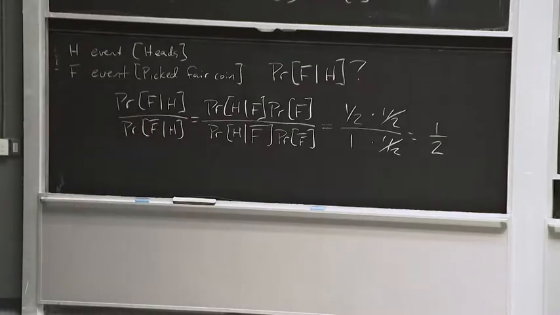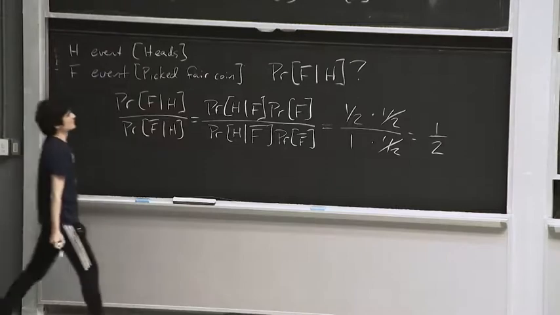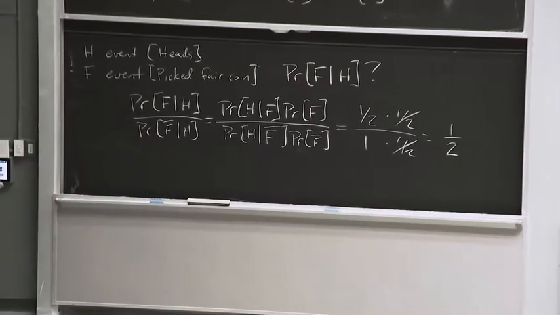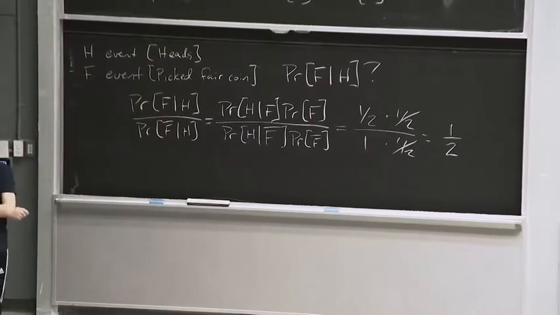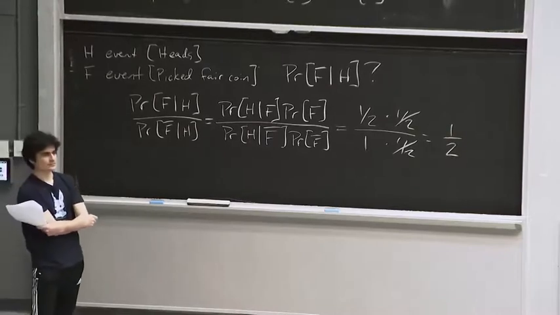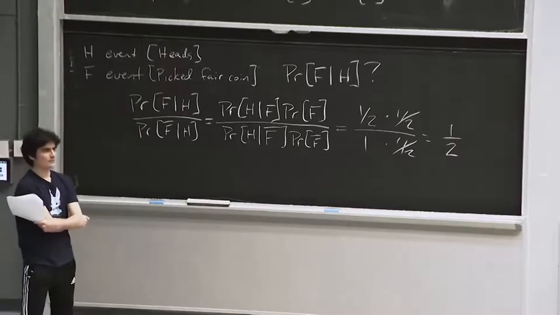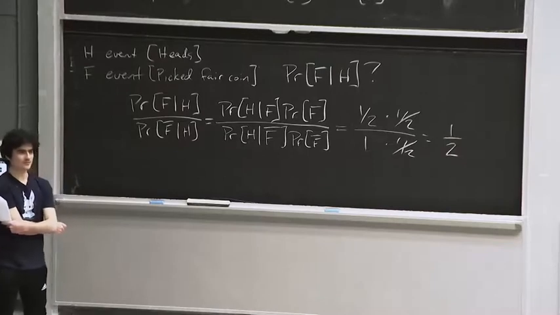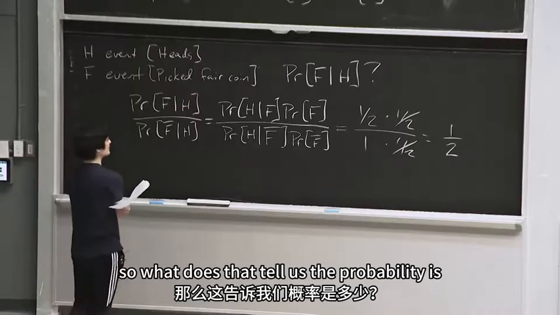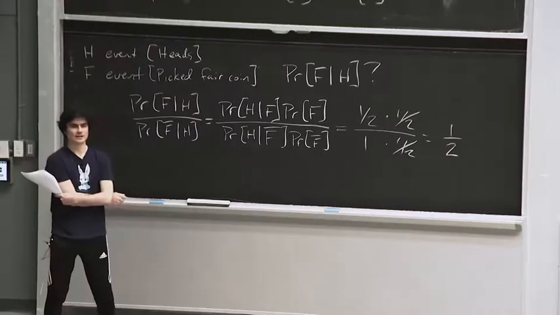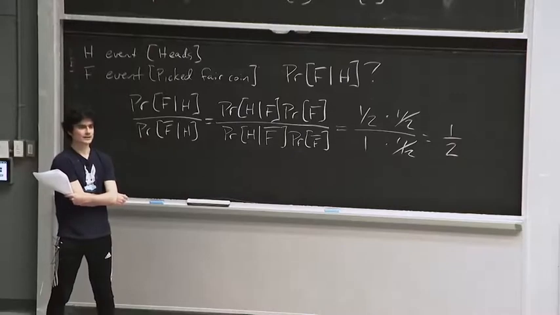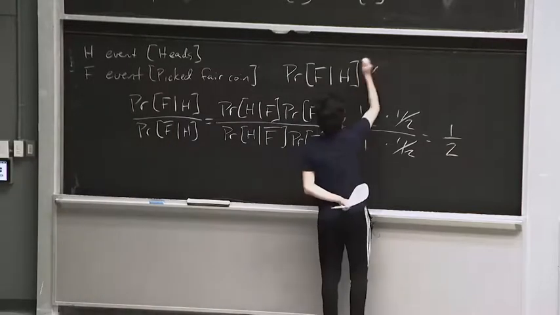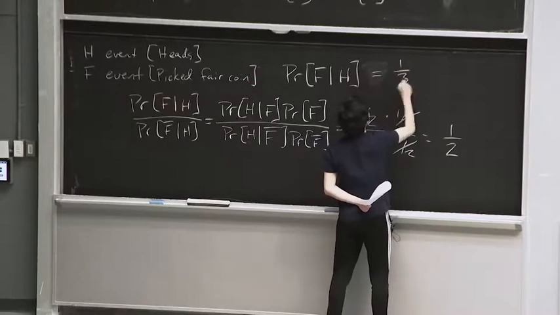Now, what is this probability? We computed the ratio of this probability to its complement. So what does that tell us the probability is? Yeah, 1/3.